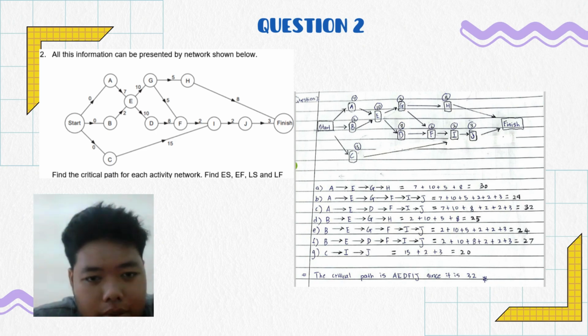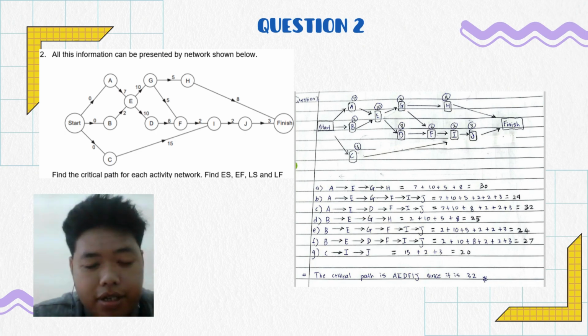Next we start with B, which is the second: B goes to E, G, H, and finish. Next is B, E, G, F, I, J.